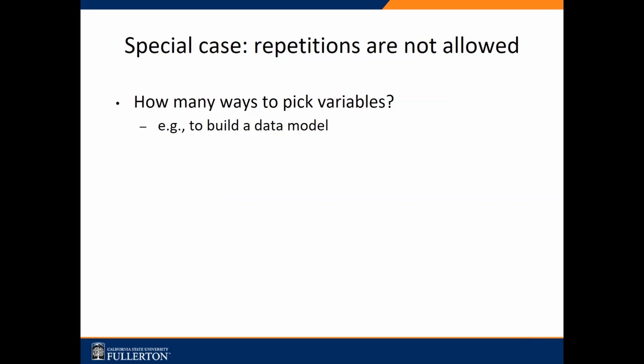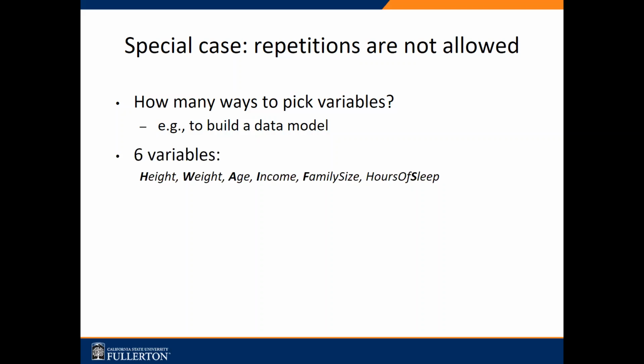Another application of counting without repetitions is in building data models. Often we have data for several variables, but a particular model will need to use only a few of the variables. For example, say we have 6 variables: height, weight, age, income, family size, and the number of hours of sleep. And I ask you, how many ways are there of picking 2 out of these 6 variables?